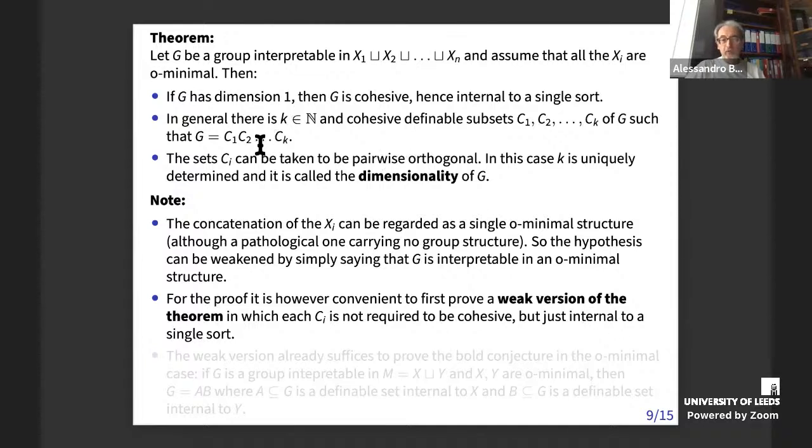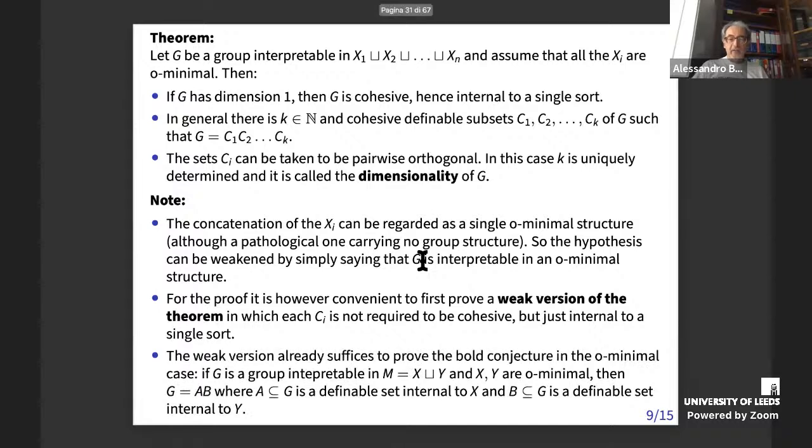So of course, if they are cohesive, they are internal to single sorts. But you may have a weaker version in which you just have orthogonal sorts and you can find Ci's, maybe not cohesive, but each one internal to a single sort. So this is a weaker version of the theorem, but we have to pass through that.